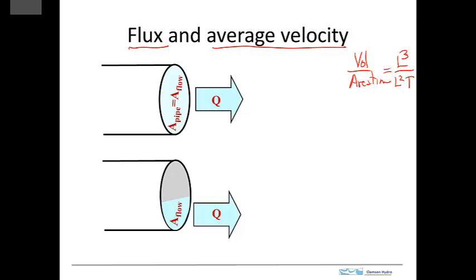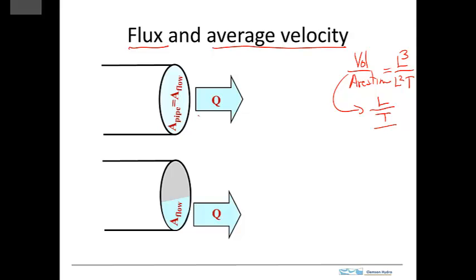And so if we reduce this down, the lengths cancel, and we get, as the basic units of volumetric flux, a length per time. Well, that has units of velocity, or it's the same units as velocity, feet per second, for example. Flux has the same units as average velocity, but it's really quite different.